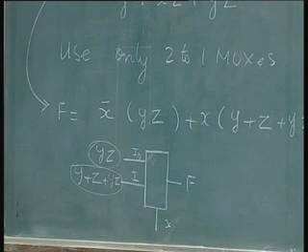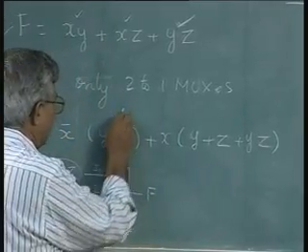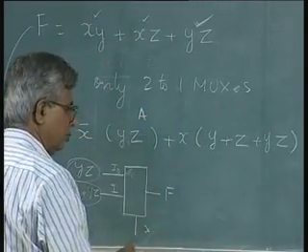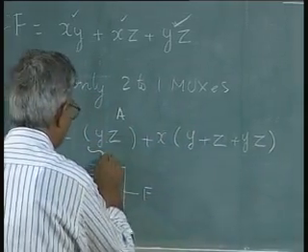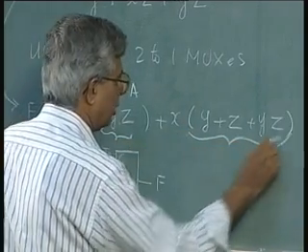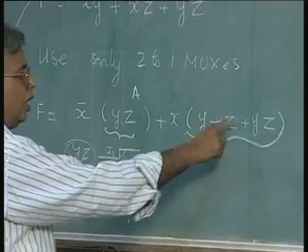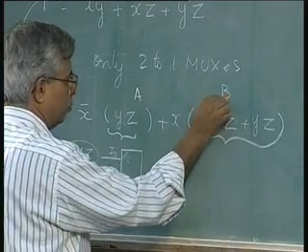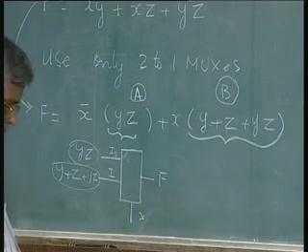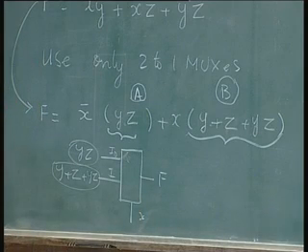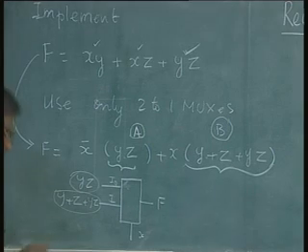Now, I am going to do one more thing. I am going to call this whole function yz as a, and call this whole function y or z or yz as b. I am going to write a and b individually in terms of y.